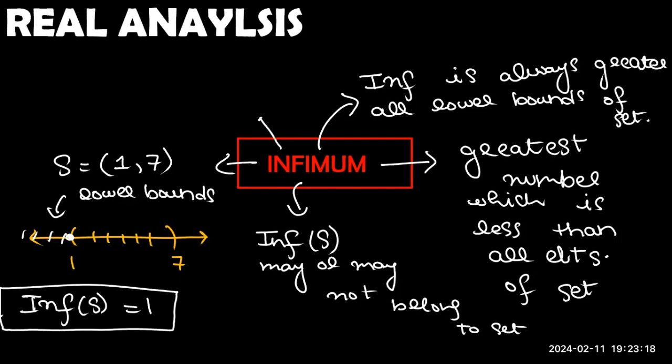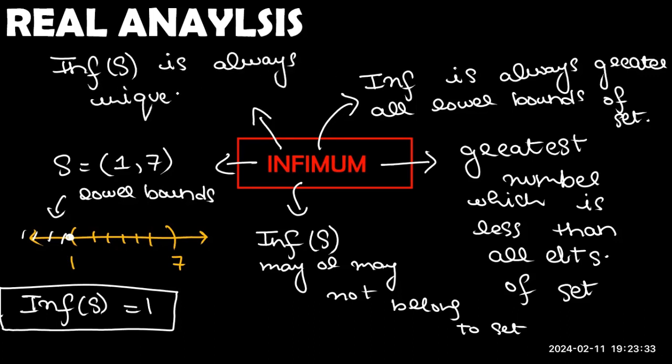And a very, very important thing: the supremum of a set is always unique. Similarly, the infimum is always unique. In maths, uniqueness means there exists only one.